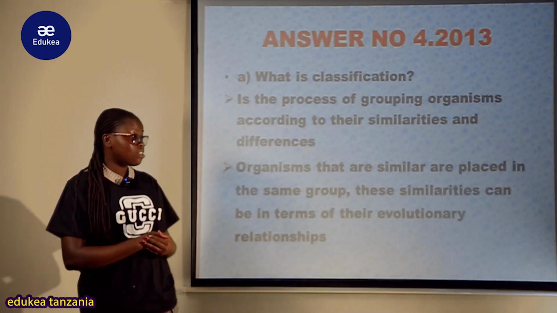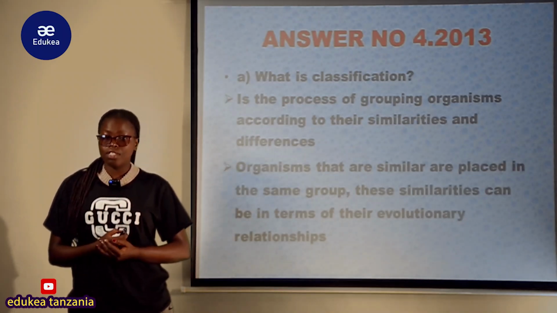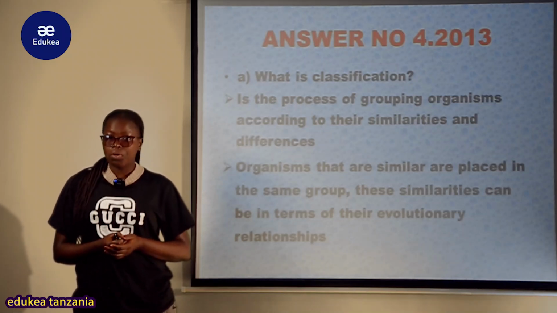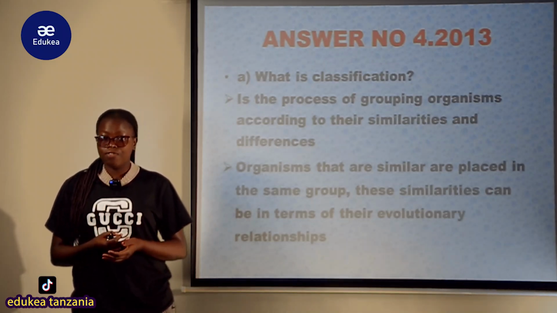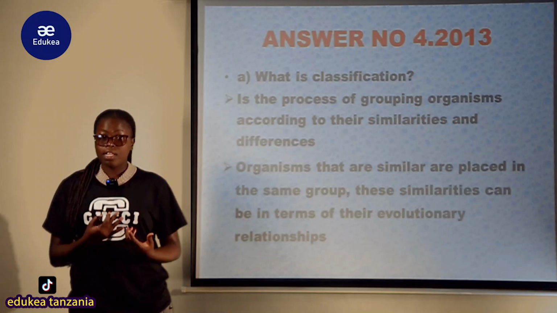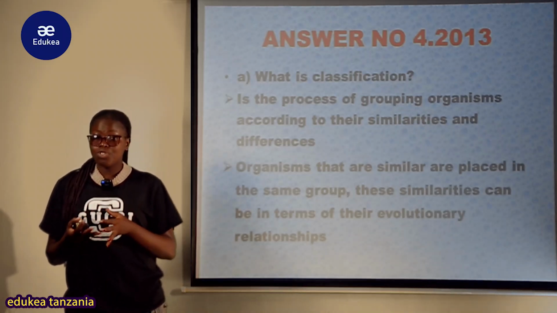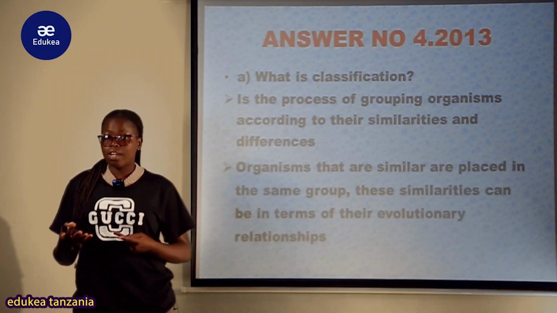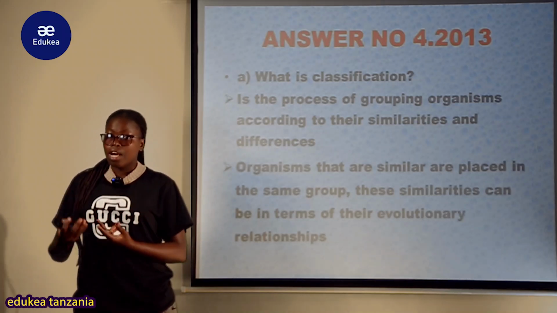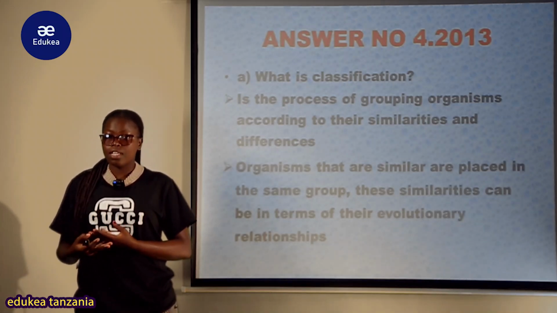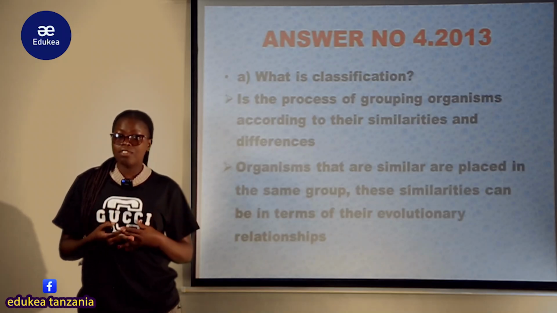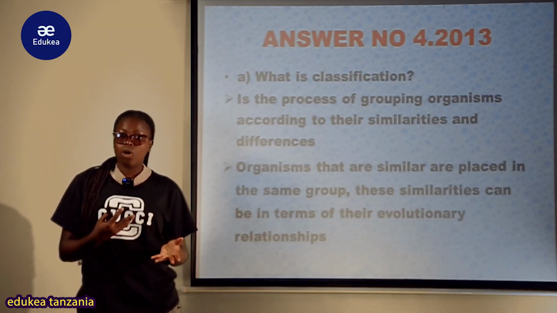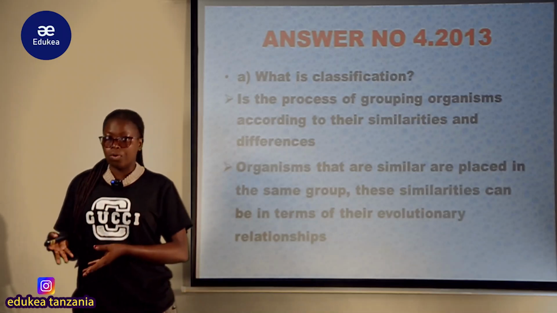Classification, as we discussed in our session, is a process of grouping and sorting organisms according to their differences as well as their similarities, reflecting the evolutionary relationship. Once you talk about the evolutionary relationship, we describe organisms which have a common ancestry, or the same origin.